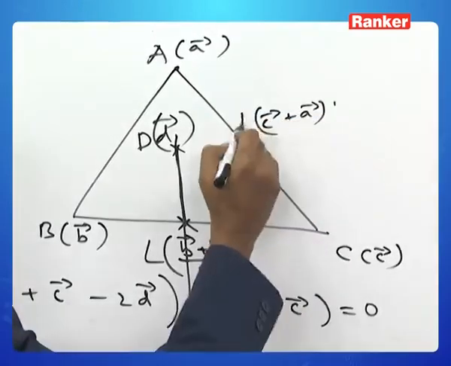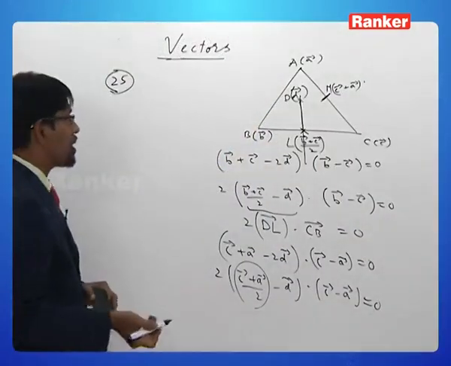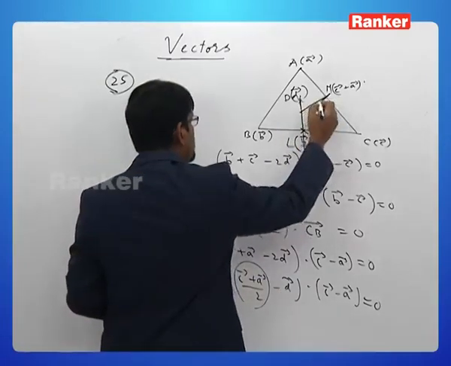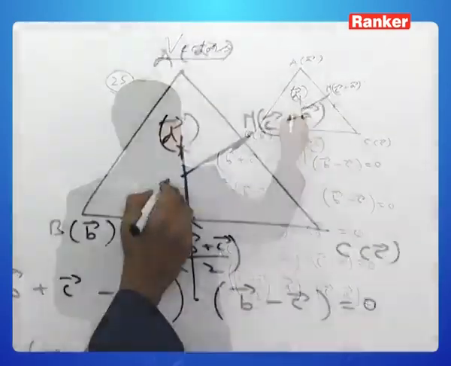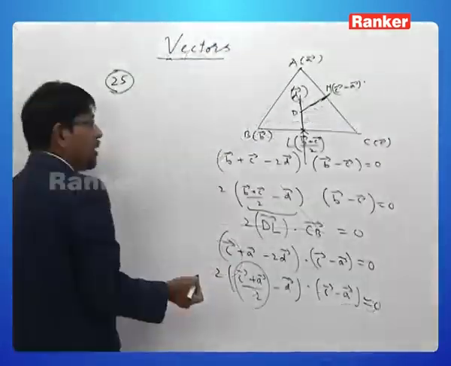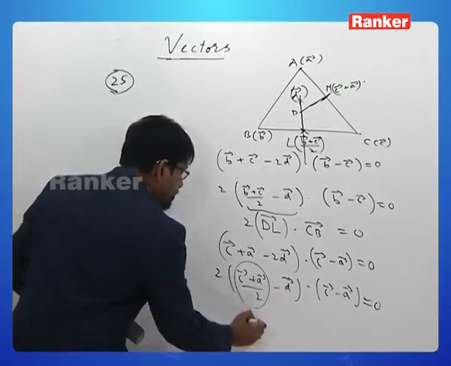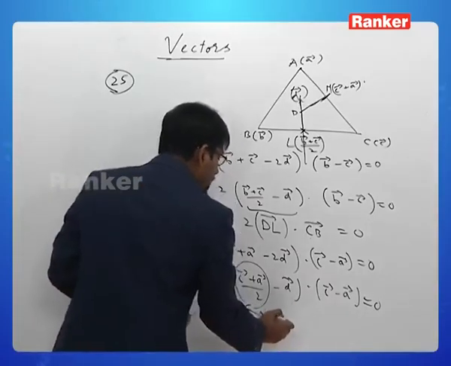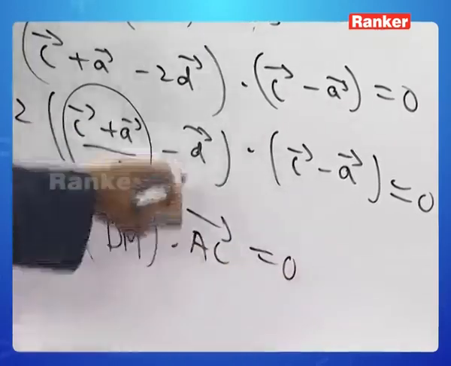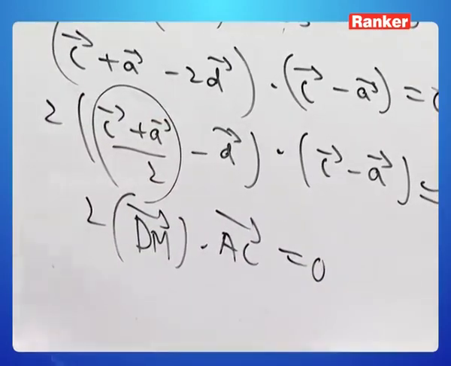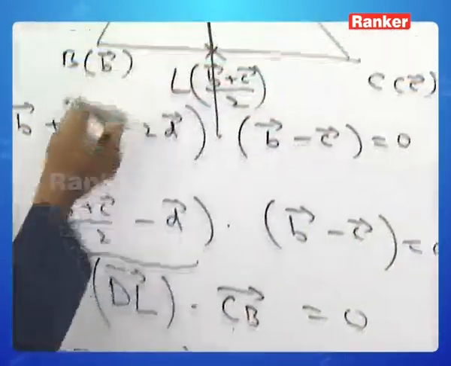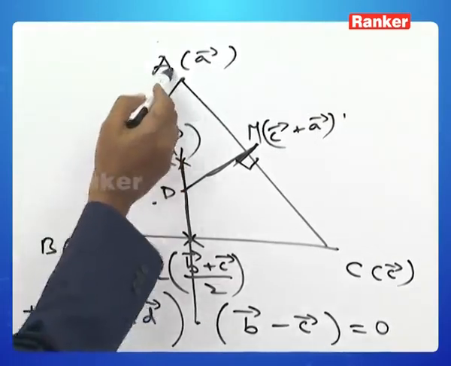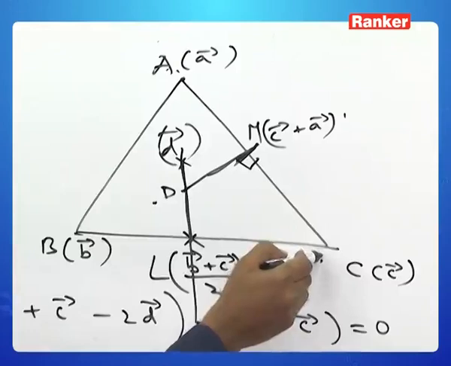Let's call this M. Now this we can write as DM. So 2 times DM dot product with AC is 0. So DM is perpendicular to AC as well. So this also must be the perpendicular bisector of AC. So D lies on the perpendicular bisector of AC and also the perpendicular bisector of BC.